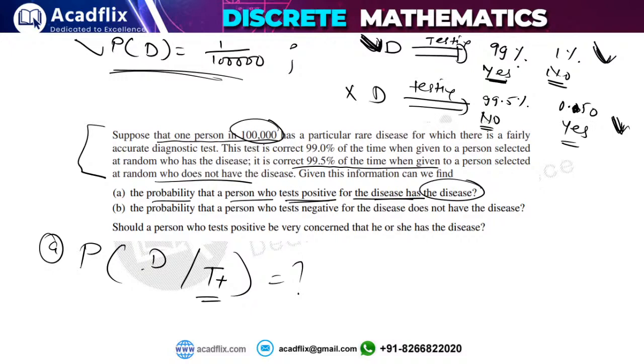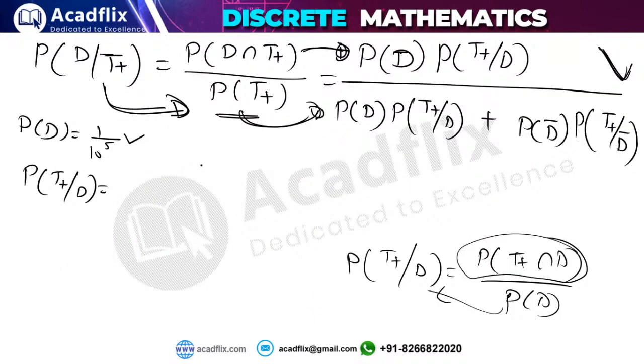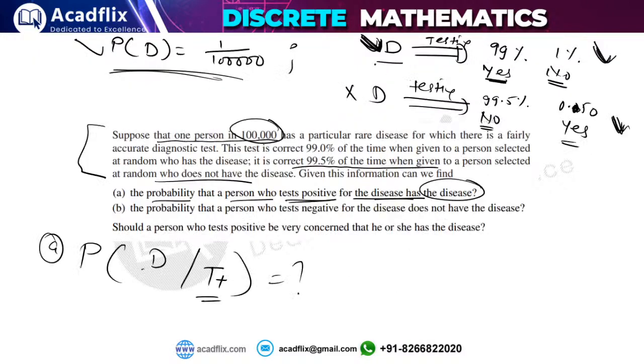This is in the question. It is given what the probability is that you will test positive given that you already have the disease. So it will be 0.99.